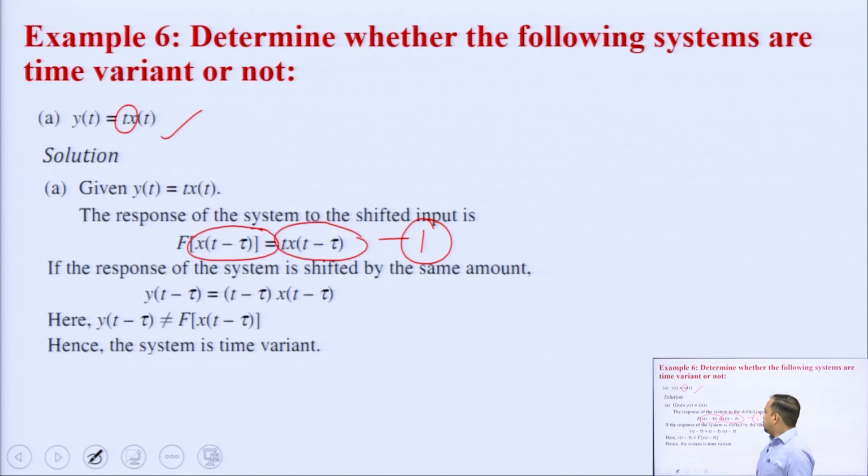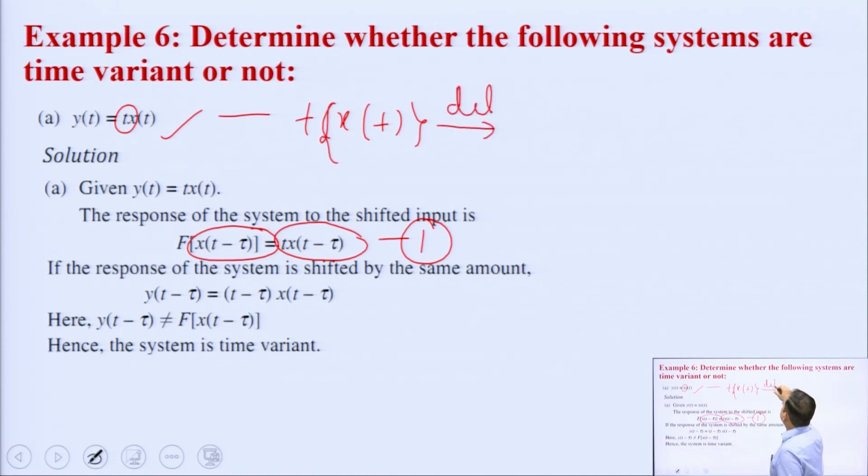Next we apply the system first, so we are getting t times x(t), and after that we apply the delay. What the delay performs is that wherever we have t, it will be replaced by t minus tau. So (t minus tau) times x(t minus tau).